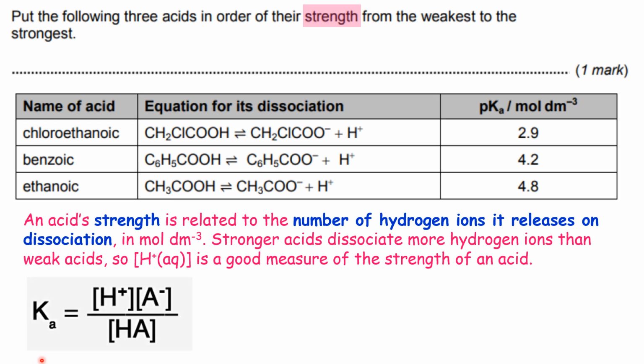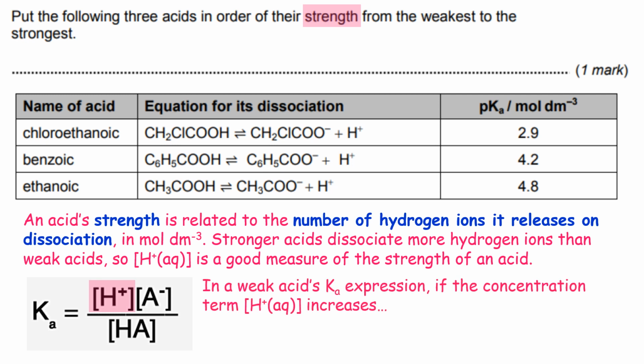In a weak acid, what we do is we create something called a Ka expression. It's a little bit like a Kc expression in equilibria. So the products, i.e. the dissociated hydrogen ions and the conjugate base that's left behind, are put on the numerator, and the denominator carries the concentration term for the undissociated weak acid. So if we concentrate on the H plus concentration term, if that increases, then obviously that weak acid is getting stronger, isn't it?